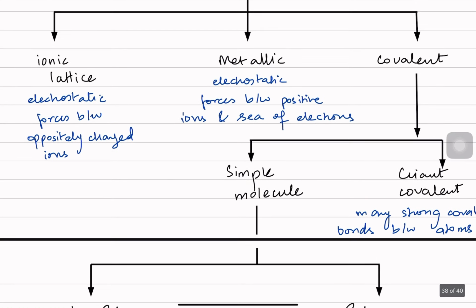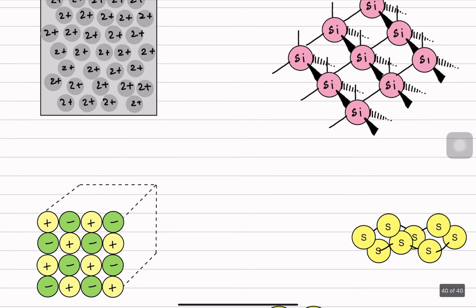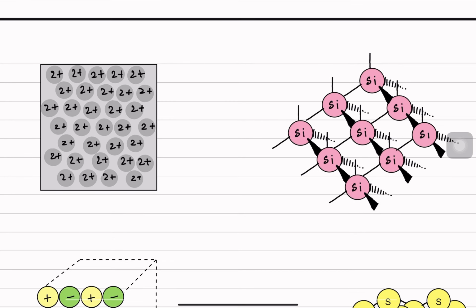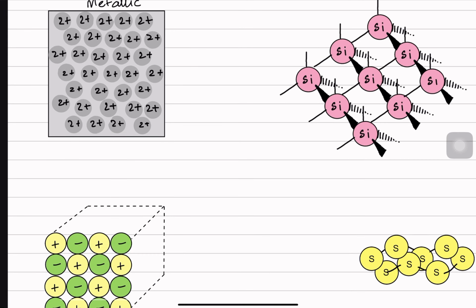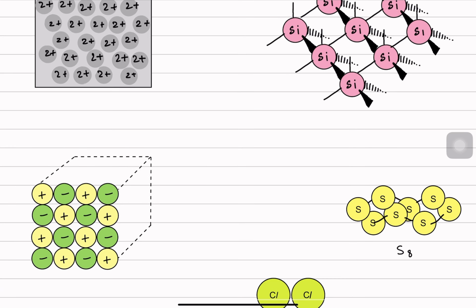To understand this even more deeply, let's go for an example with a set of molecules. I've got multiple molecules over here, few are ionic, few are covalent, few are giant covalent. So for example, if I were developing a comparison between a metallic lattice and, let's suppose, an S8 molecule, which we all know is a simple covalent molecule, a simple molecule.